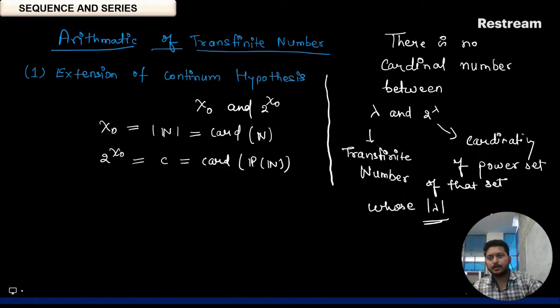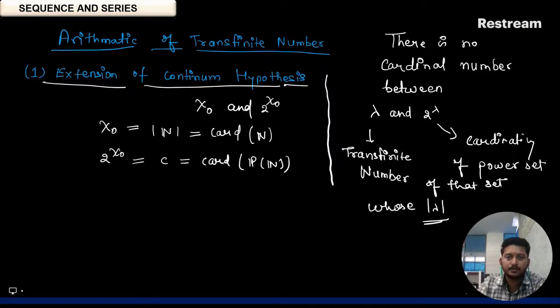So the basic assumption about the arithmetic of transfinite numbers is only an extension of the continuum hypothesis.